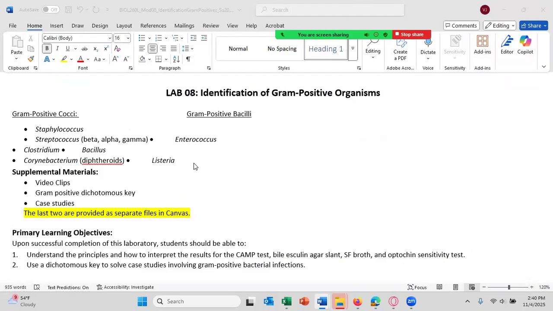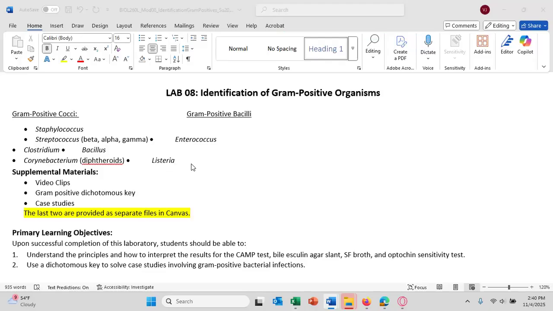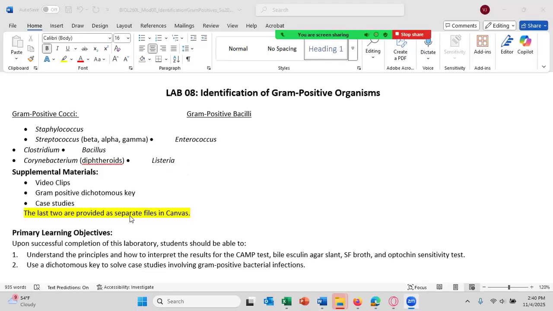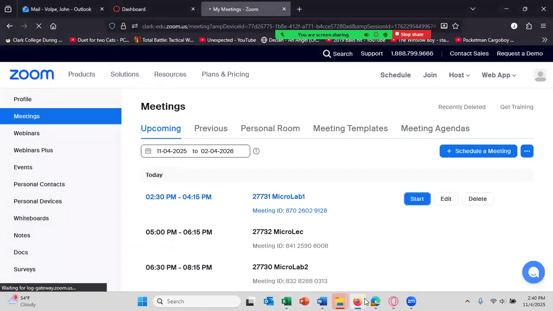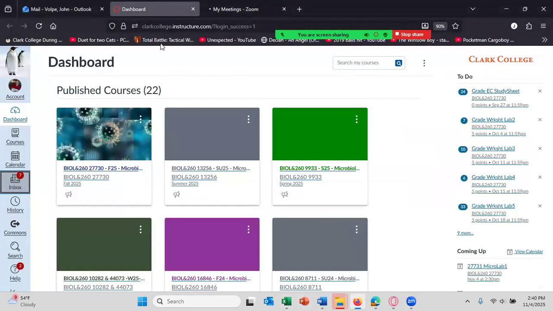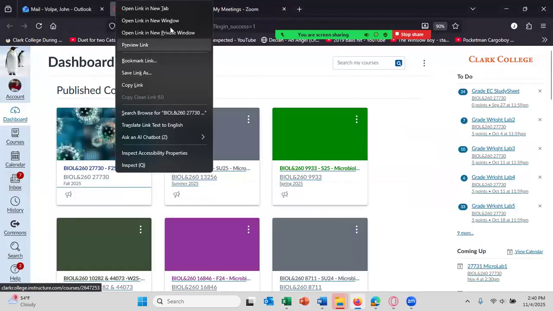All right, there are some video clips, supplemental materials in this lab. There's some gram-positive dichotomous key and some case studies. These last two are provided as separate files in Canvas. Let me see if I can show you that. I don't have it open anymore.